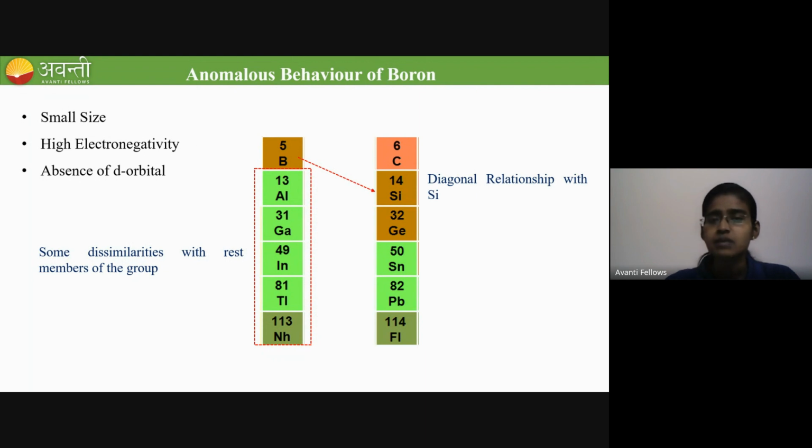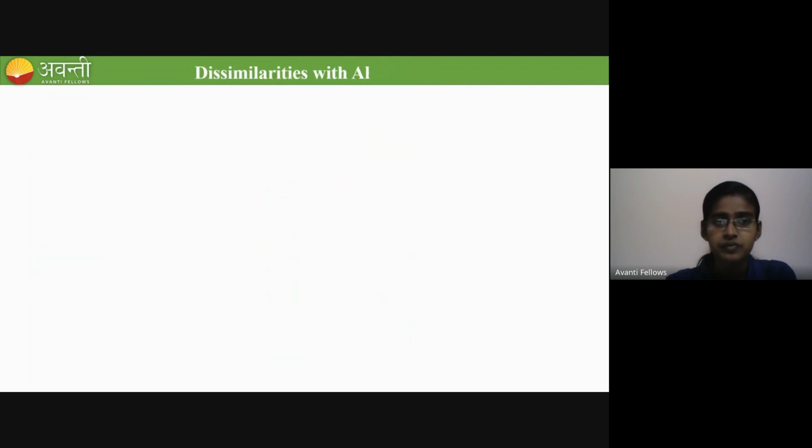So some similarities are present for boron with silicon. The diagonal relationship is between boron and silicon. So keep in mind the three reasons for the unique nature of boron and the diagonal relationship with silicon. Got it? Now let us see some dissimilarities of boron with aluminium.